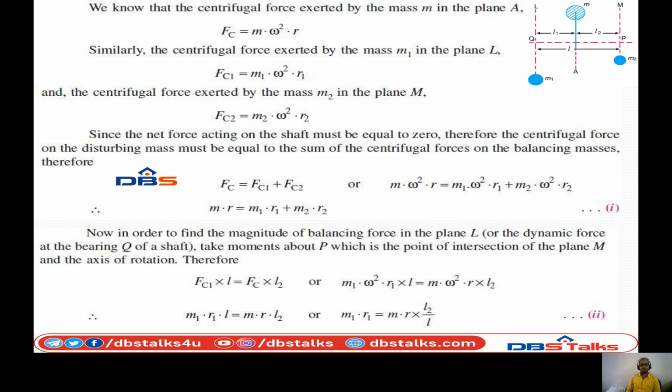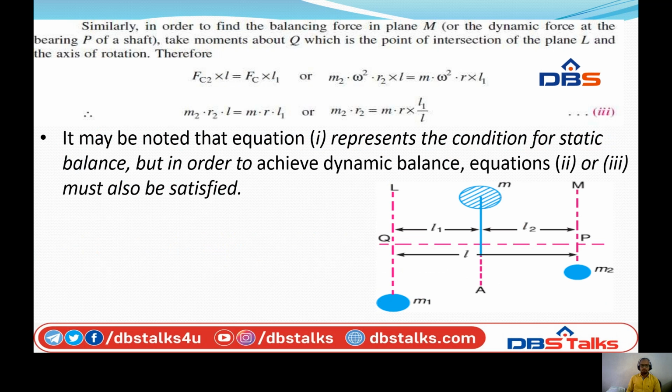Similarly, for finding the balancing force in the plane M, or the dynamic force at the bearing P, we have to take the moments about Q, which is the point of intersection of the plane L and the axis of rotation.